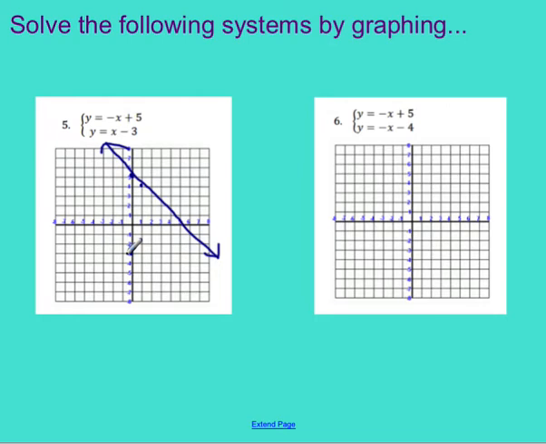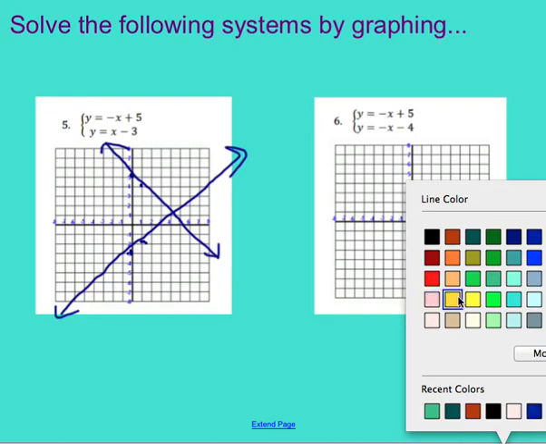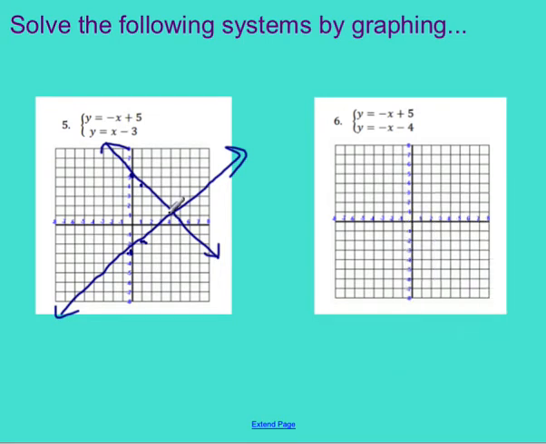And then we're going up 1 over 1. And I can go ahead and graph that line. So now again, I want to estimate the point at which they're crossing. You can just pick the closest corner if you want, because again, it's not going to be exact. So to me, it looks like it's crossing at about 4 for x and at about 1 for y. Okay, so all we're doing is graphing 2 lines, seeing where they cross.